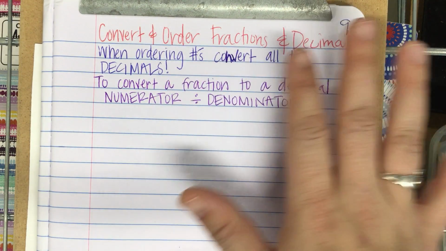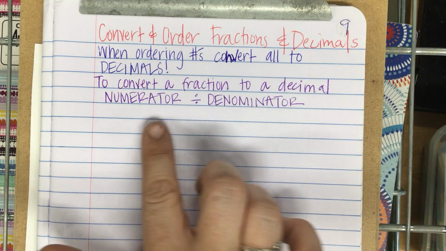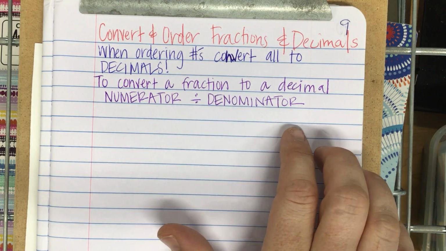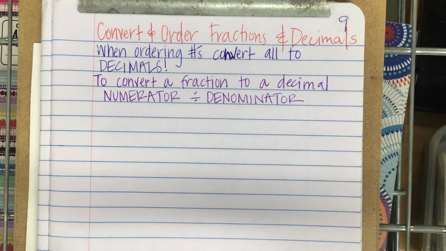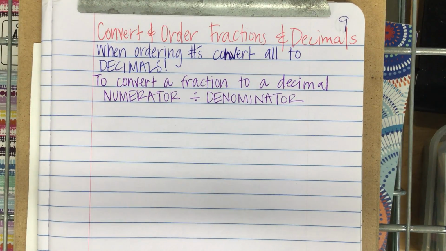When ordering numbers, we want to convert everything to a decimal. To convert a fraction to a decimal, we want to do numerator divided by denominator, okay? So we're going to order some rational numbers, some fractions and decimals, from smallest, least, to biggest, greatest. Least to greatest, okay? We're going to put them in order.